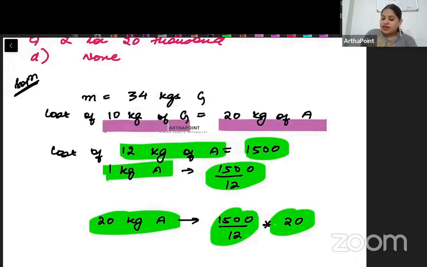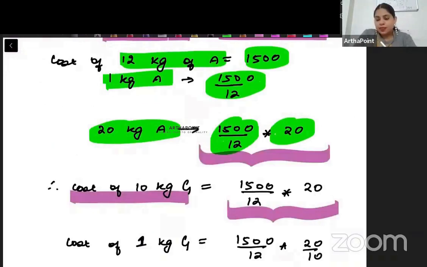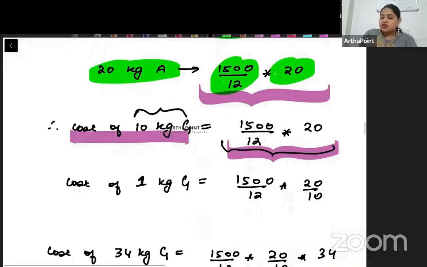So cost of 10 kgs of groundnut will be this, whatever was cost of 20 kgs of apple. Now, if cost of 10 kgs of groundnut is this, what will be cost of 1 kg of groundnut? Divided by 10. So I just divide this by 10. Right? This is the cost of 1 kg of groundnut, beta.